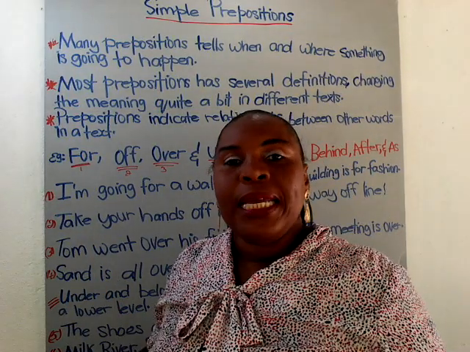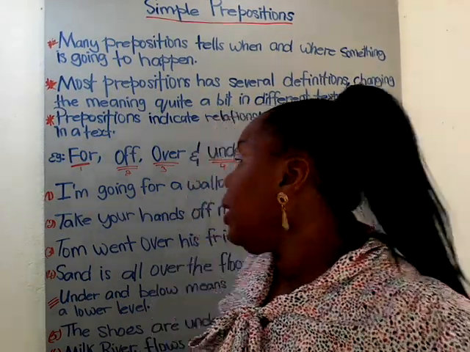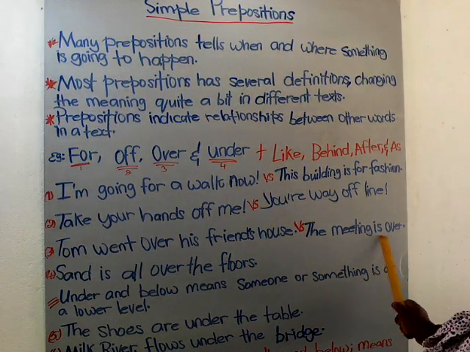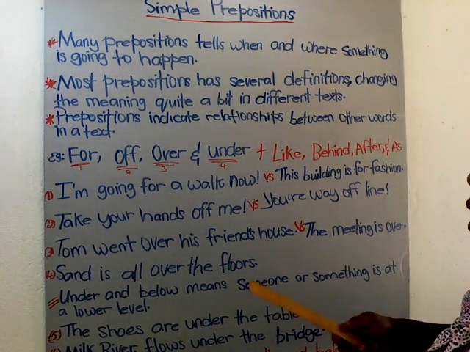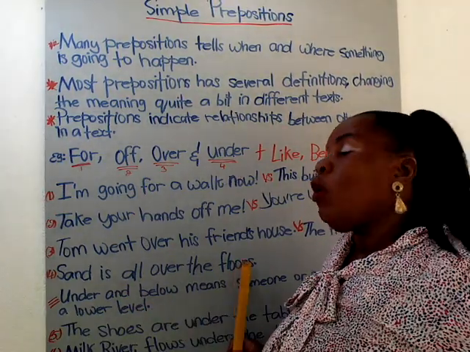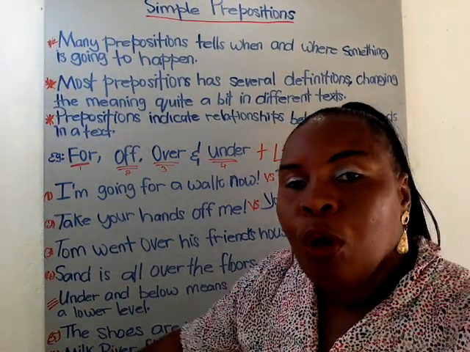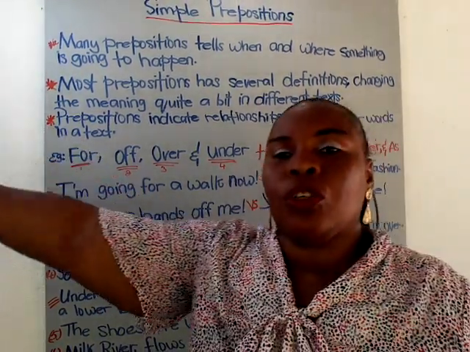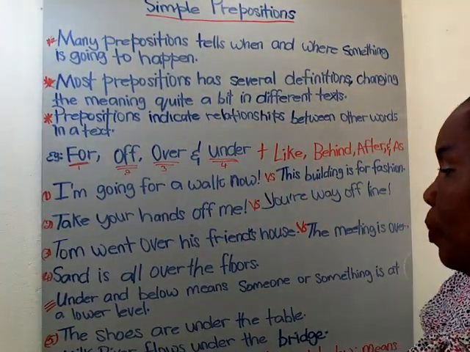Tom went over his friend's house. The meeting is over, meaning it is finished. Sand is spread out all over the floor. So Tom went over to his friend's house, he changed his location. He went to somebody's house.